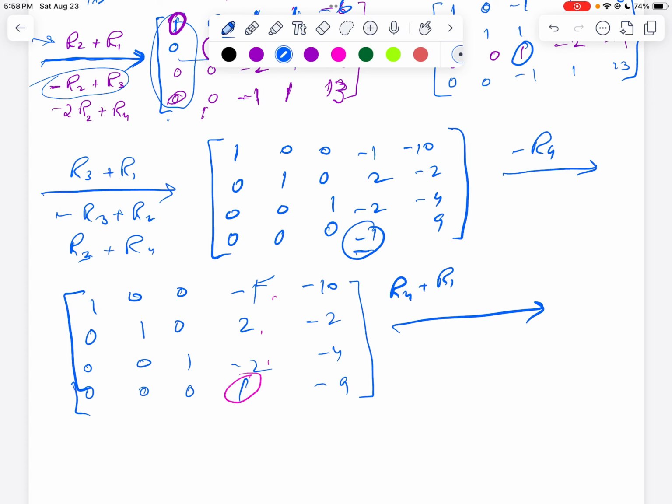To make this a 0, I have to multiply row 4 by negative 2 and add into row 2, and to make this entry 0, I have to multiply row R4 by 2 and add into R3.